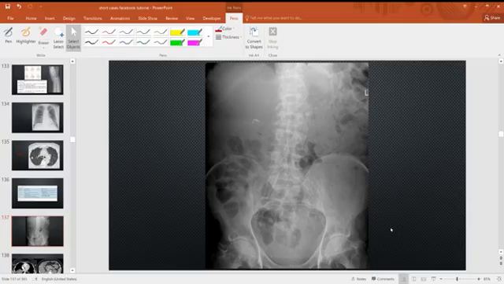This patient has non-specific abdominal pain. Okay, what you see? Take 10 to 20 seconds to look at the abdomen X-ray, and let us see.